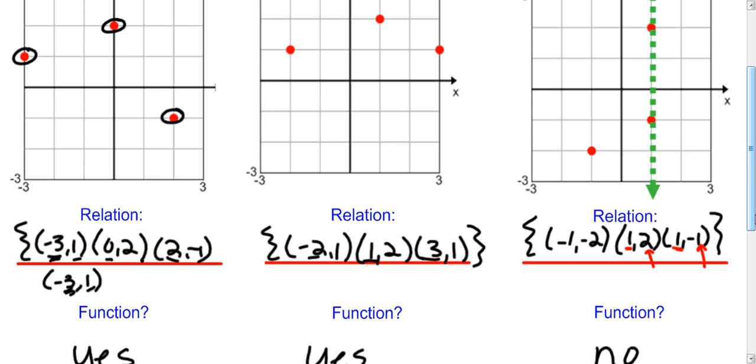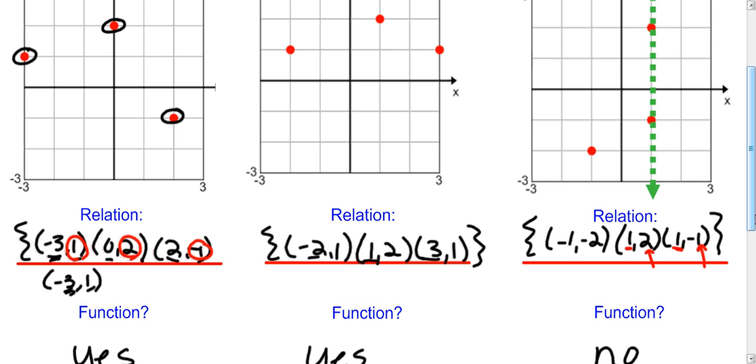So on this far left one, I already know it's a function, so I can decide whether it's one-to-one also. When I look at my y values, every y value is different. So every x value is different, which makes it a function. Now every y value is different, which makes it one-to-one.